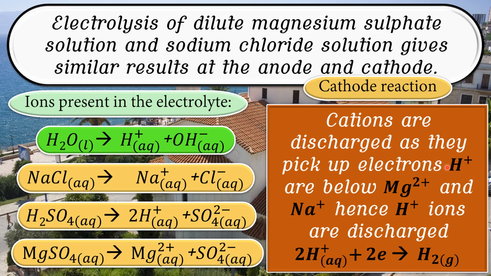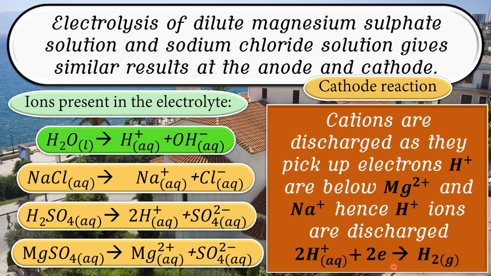Hydrogen ions are below magnesium ions and sodium ions. Hence, hydrogen ions are discharged. When the hydrogen ions, sodium ions, and magnesium ions are transported to the cathode, it is the hydrogen ions that are going to be discharged, and they are going to receive electrons.